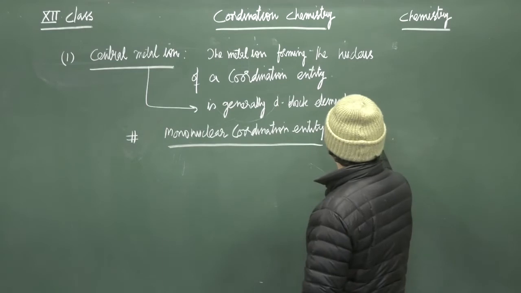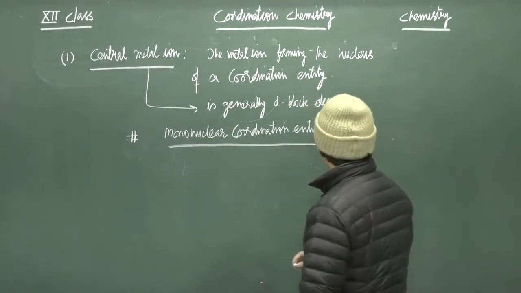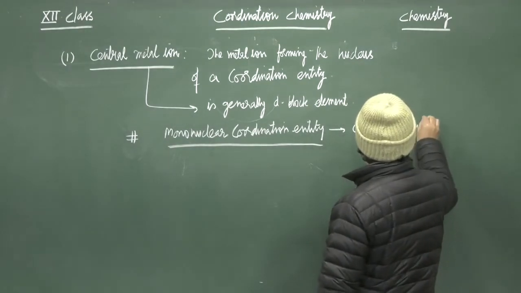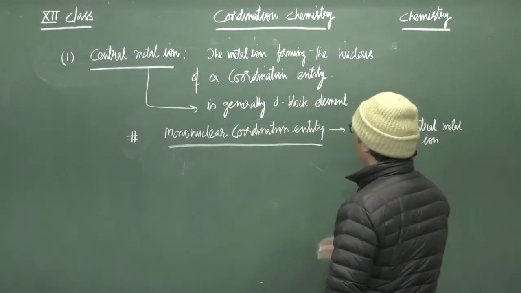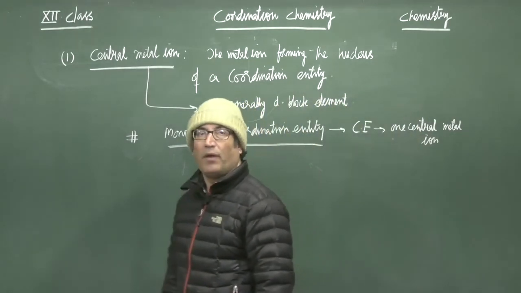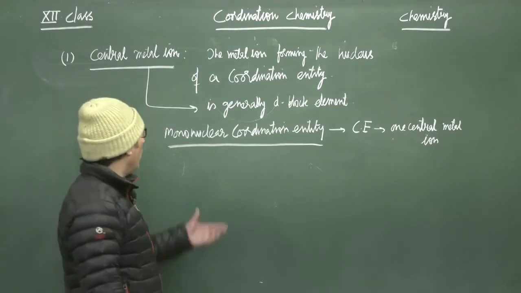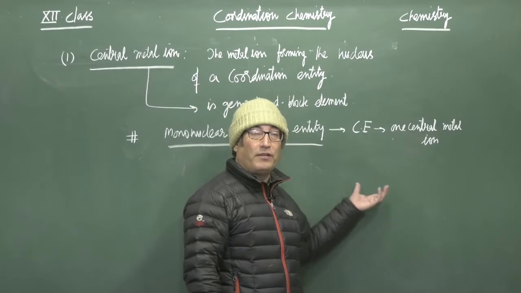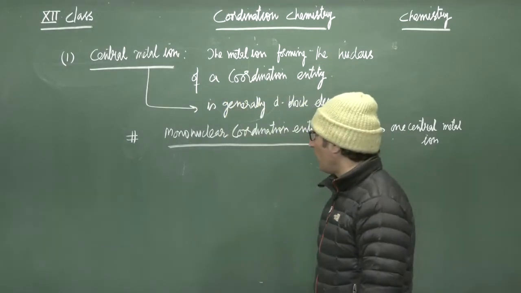It's a coordination entity which has one central metal ion. That's called mononuclear. In our syllabus on coordination chemistry, we will only be dealing with the mononuclear coordination entities, that is, the coordination entities which contain one central metal ion.